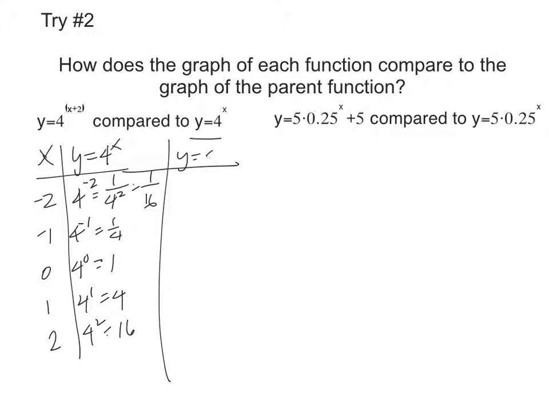Okay, this one we have y equals 4 to the x plus 2. So this will be 4 to the negative 2 plus 2, which is 4 to the 0, or 1. 4 to the negative 1 plus 2 is really 4 to the first, or 4. 4 to the 0 plus 2 is really 4 squared, or 16. 4 to the 1 plus 2 is 4 cubed, or I believe that's 64, but let me verify.